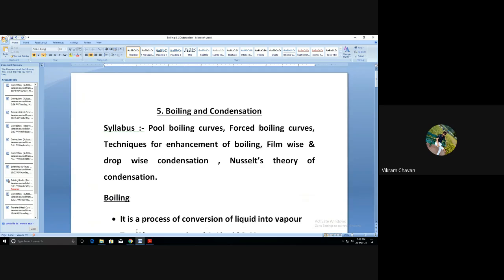Okay, so this much syllabus the university has provided under this particular chapter, boiling and condensation. Nusselt's theory of condensation.